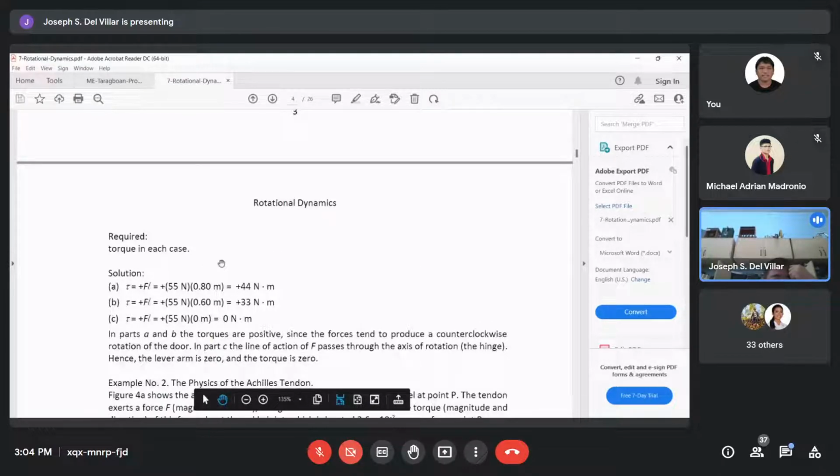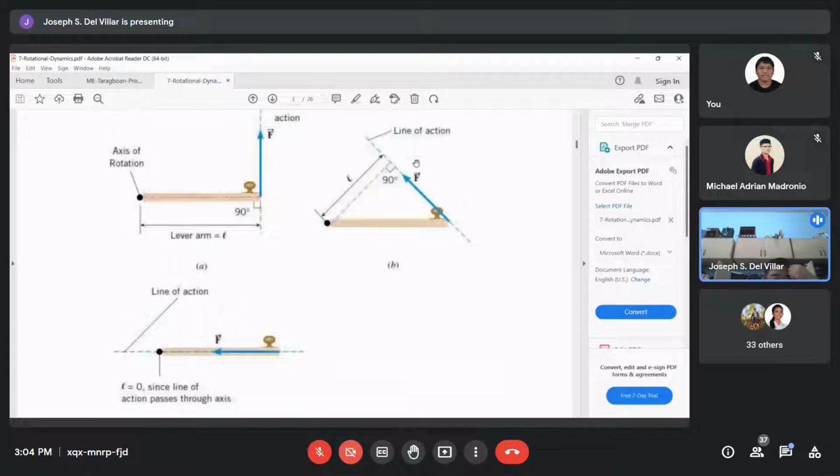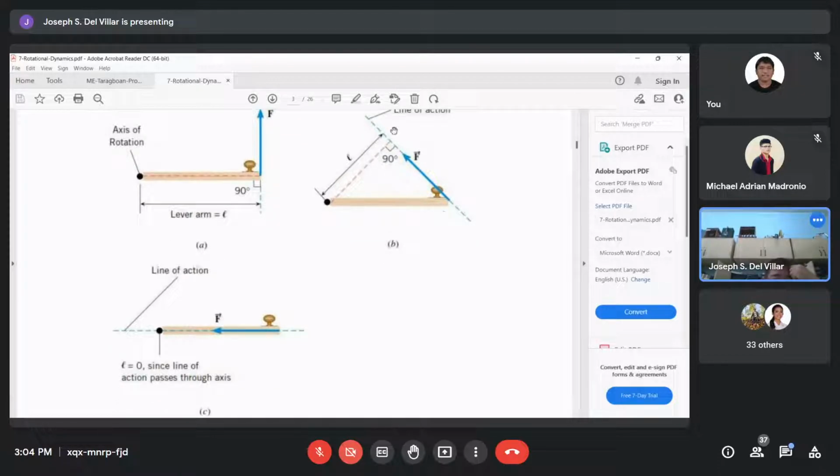So that's why you have here, yan. So that's correct, no? Sa letter B, tingnan nyo yung letter B. Ito, no? Ito yung kanyang lever arm, 0.6. If this is the force, ano sa tingin nyo yung direction dito? Is it clockwise or counter?